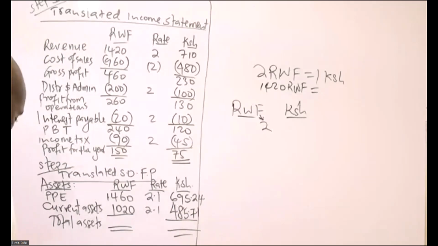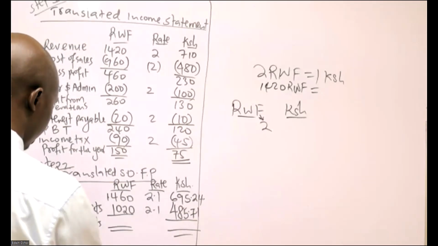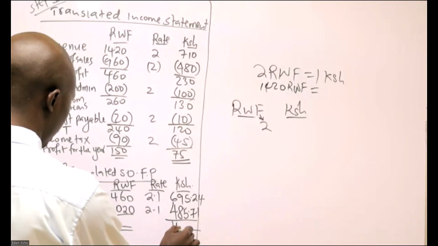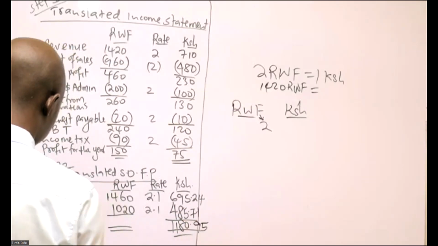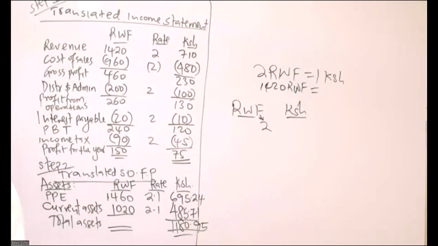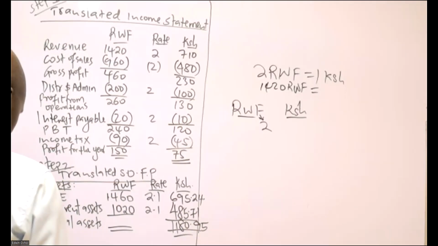Adding 695.24, this is 1180.95. So for the Rwandanese franc, this one was provided. It is 2480.